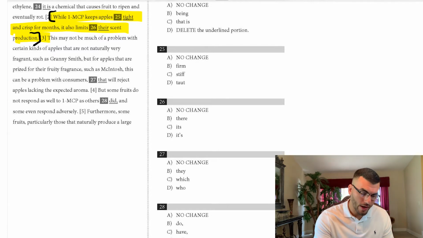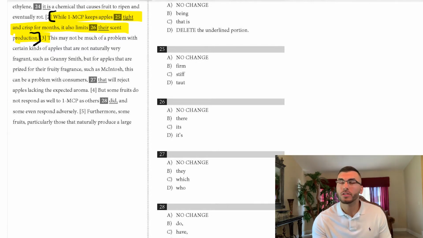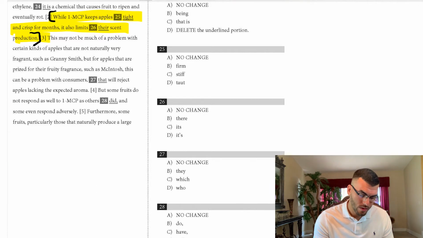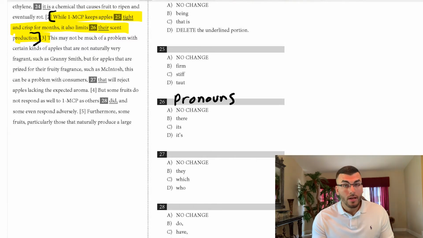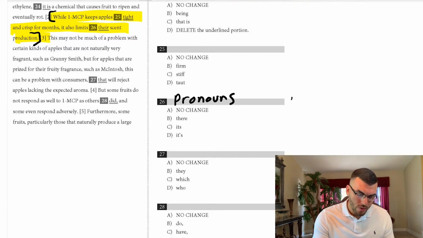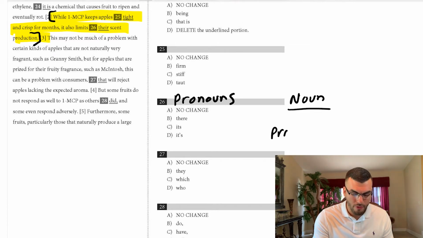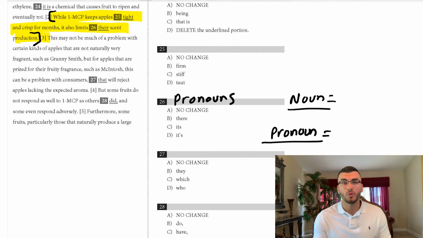Those are examples of pronouns. They're definitely not verbs, right? So we know we're dealing with pronouns in this sentence. Okay, so now we know we can go to work. Since we're dealing with pronouns, we got to identify the noun and the pronoun. The pronoun is always easy. Which is the pronoun in this case? The underlined portion.